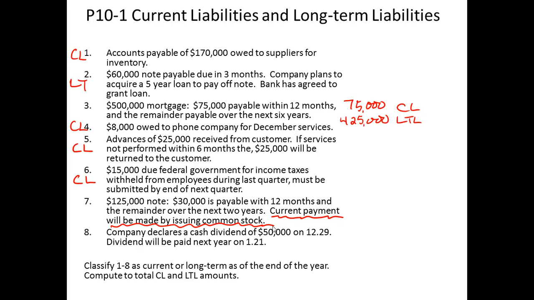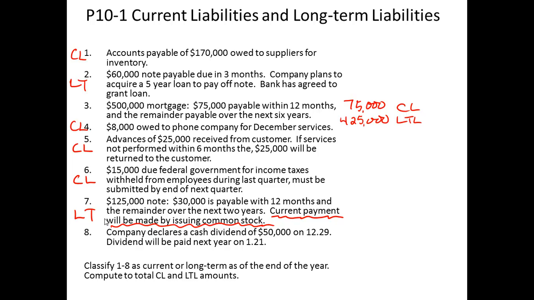Thus, the $30,000 that's payable within the 12 months is going to be paid from non-liability sources, non-current sources, not either current assets or current liabilities. Thus, it will be long-term.